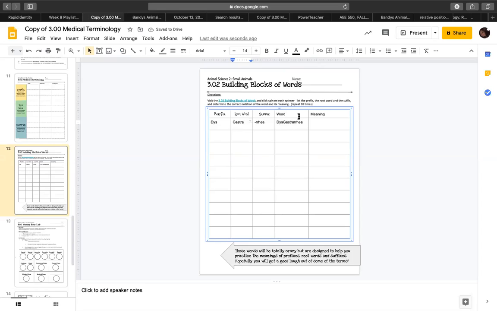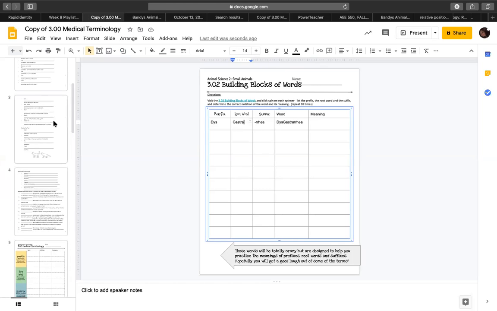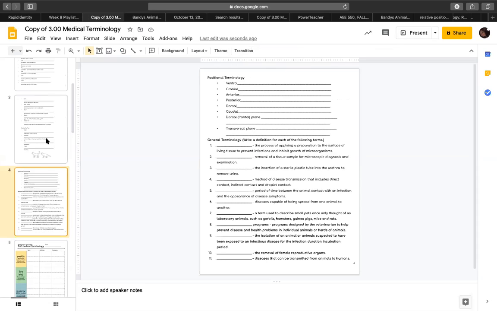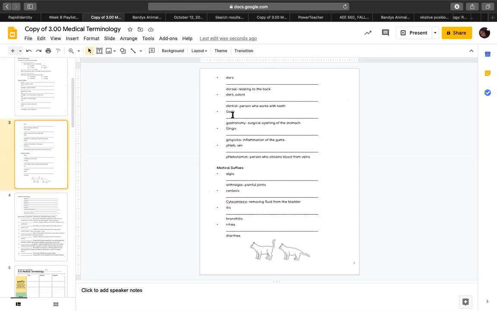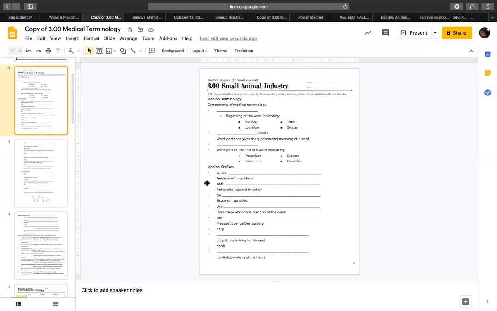And so obviously this is not a real word really, but this is to help you just to figure out the meaning and understand the meaning of everything. So then you would go back up to your notes and look up, okay, well, what is the meaning of dys, gastr, and rhea? So dys is painful, difficult, or abnormal.